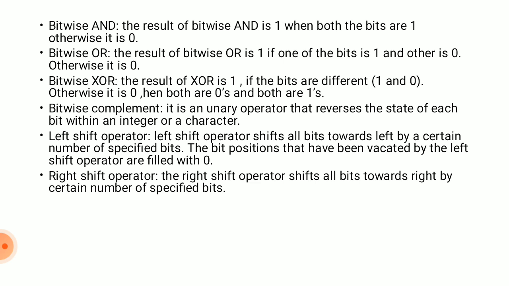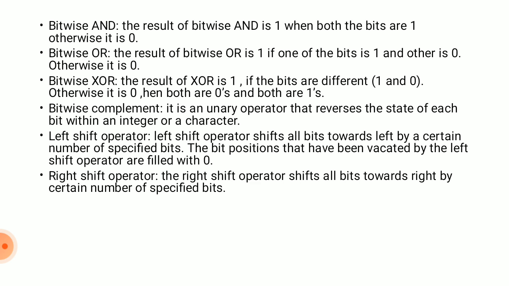Bitwise OR means the result of bitwise OR is 1 if one of the bits is 1 and the other is 0, otherwise it is 0. If any one bit is 1, then the result will always be 1, otherwise it is 0. Bitwise XOR: here if the bits are different, that is if one bit is 1 and another bit is 0, or one bit is 0 and another bit is 1, then only the result will be 1, otherwise the result is 0.